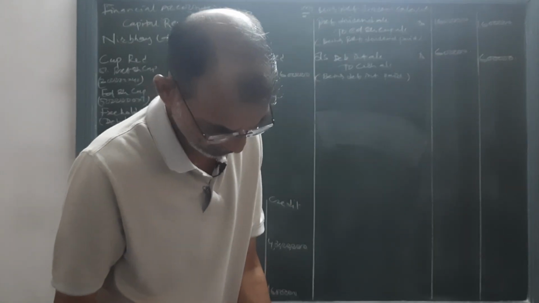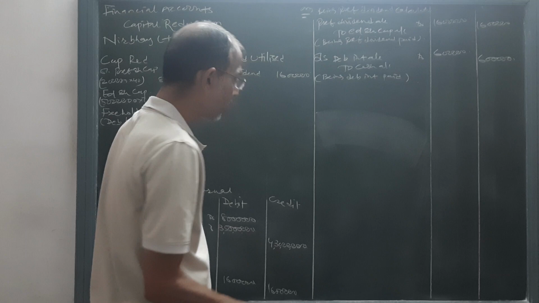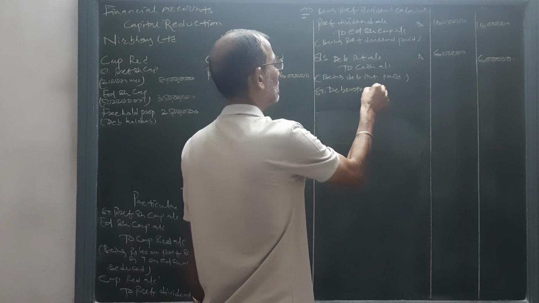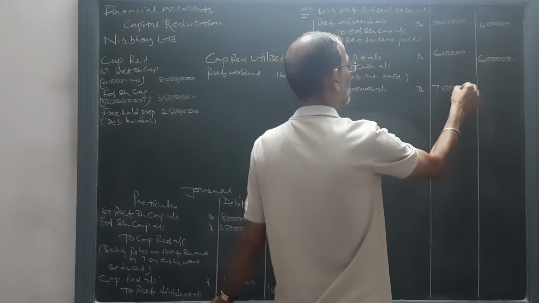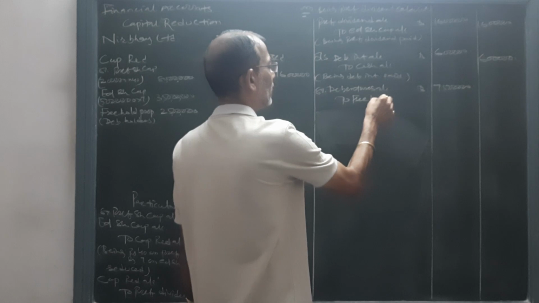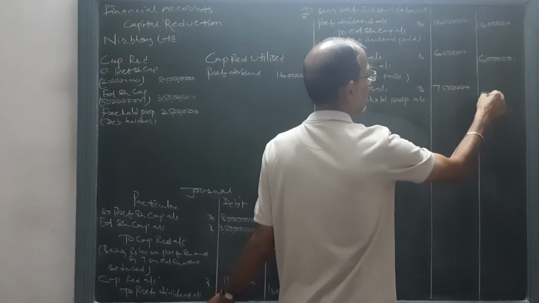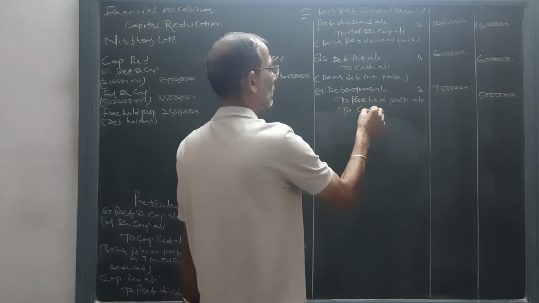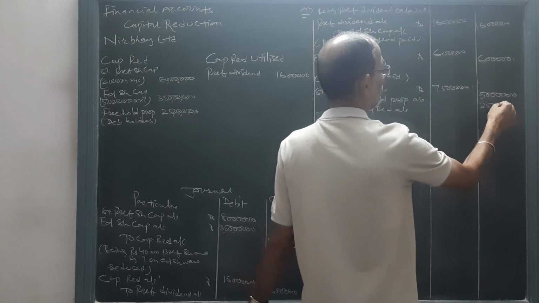What is the percentage of debenture? That is 8% debentures account, 75 lakh, to freehold property account 50 lakh, to capital reduction account 25 lakh.